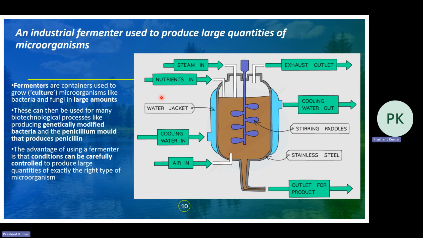They use a fermenter. A fermenter contains a culture. A culture is anything which contains nutrients and water that helps to grow microorganisms, generally fungi and bacteria. These can then be used for many biotechnological purposes, like producing genetically modified bacteria, or penicillium mold that produces penicillin.